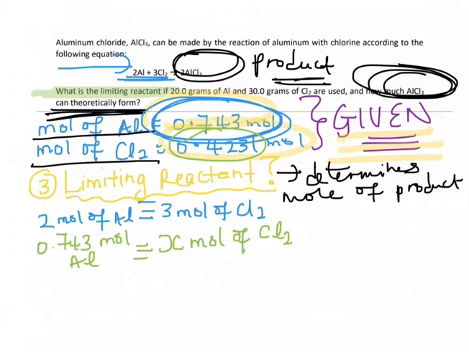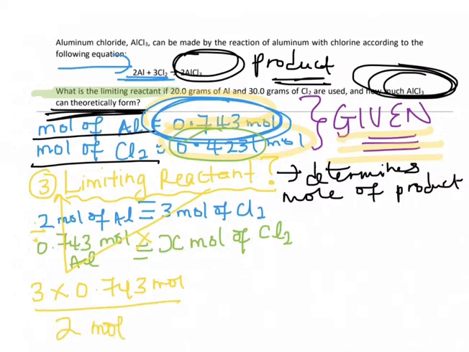So we times this and divide by that. You times and you divide. So 3 times 0.743 mole, divided by 2 mole, then you get about 1.11195 mole of chlorine.